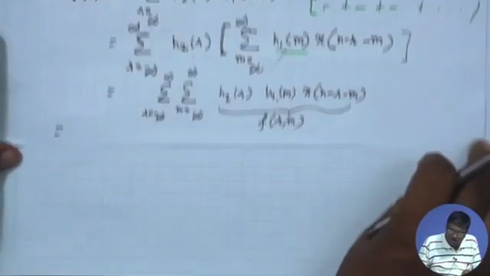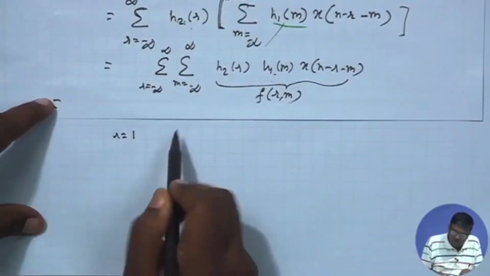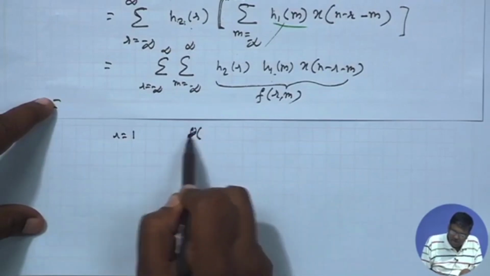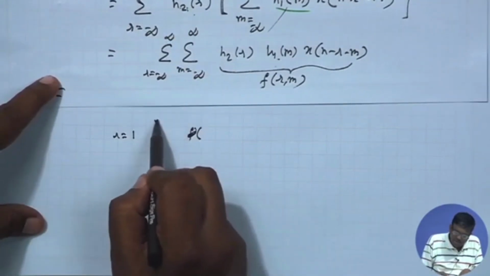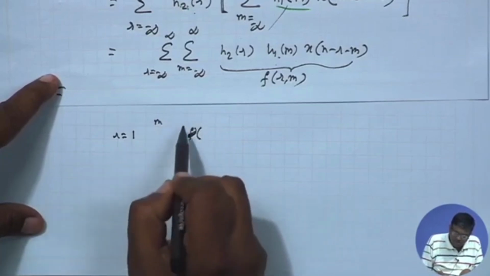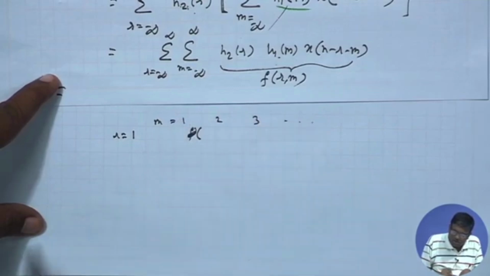So, what does this summation mean? Suppose you are choosing r equal to 1 and then carrying out all summations, with m equal to 1, 2, 3 and so on.